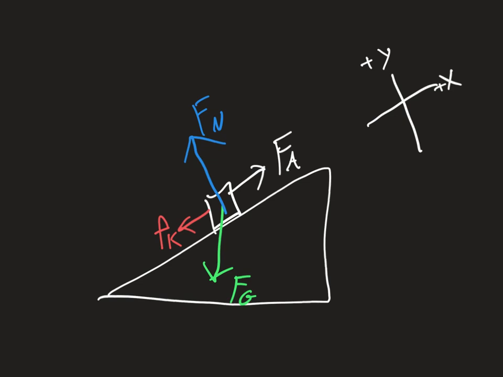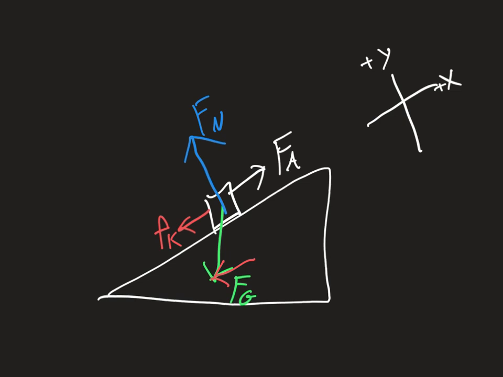Now I have a tilted axis that three out of my four forces are in line with. So what do I do with gravity? I break it down into its vector components. I know, you don't want to break things down, but that's a good part of solving this.